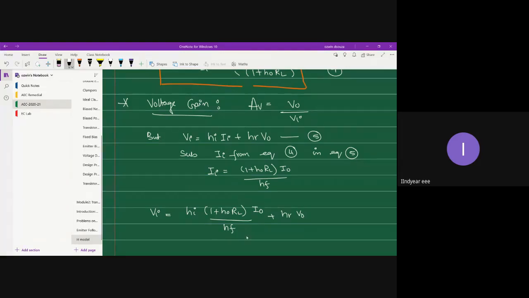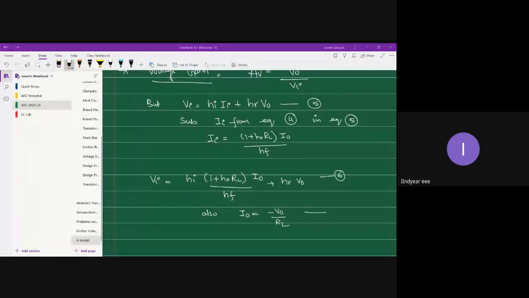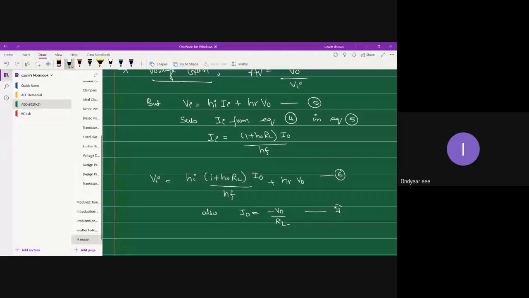Also, you can substitute I naught as minus V naught by RL. Say equation 7. Substitute 7 in 6.